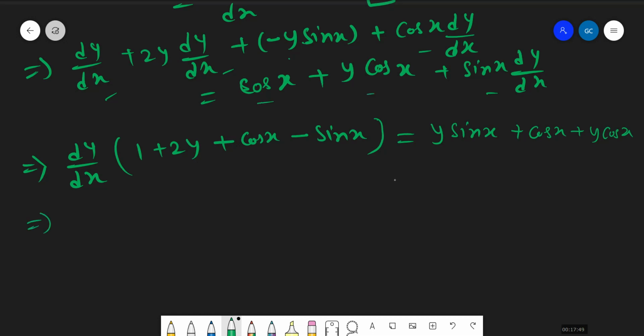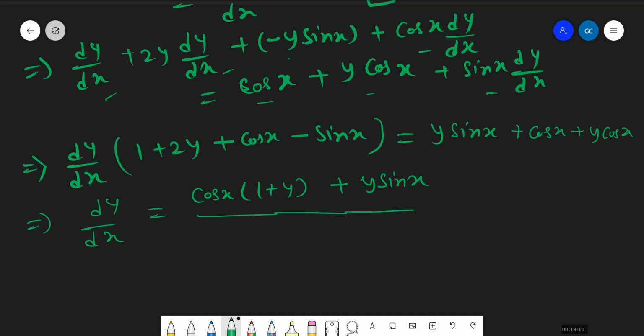So now we can write dy by dx is equal to, here it is cos and cos, so we can take cos of x common, 1 plus y plus y sine x, divided by 1 plus 2y plus cos of x minus sine of x.